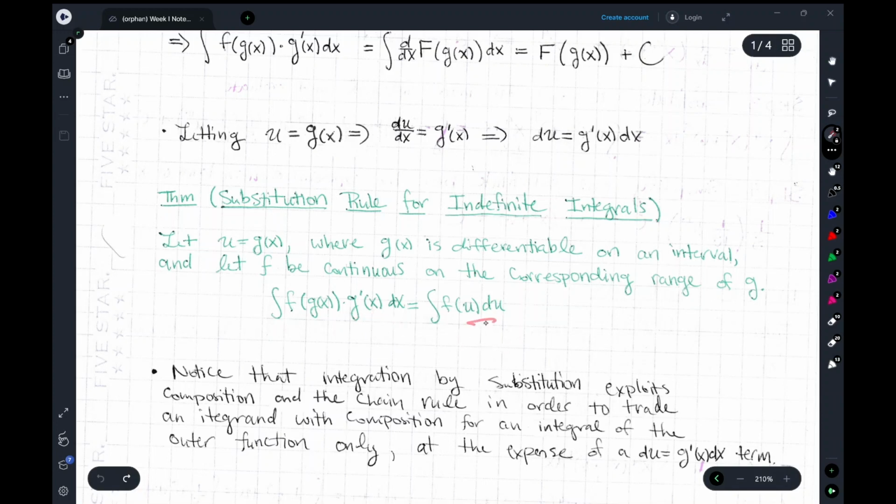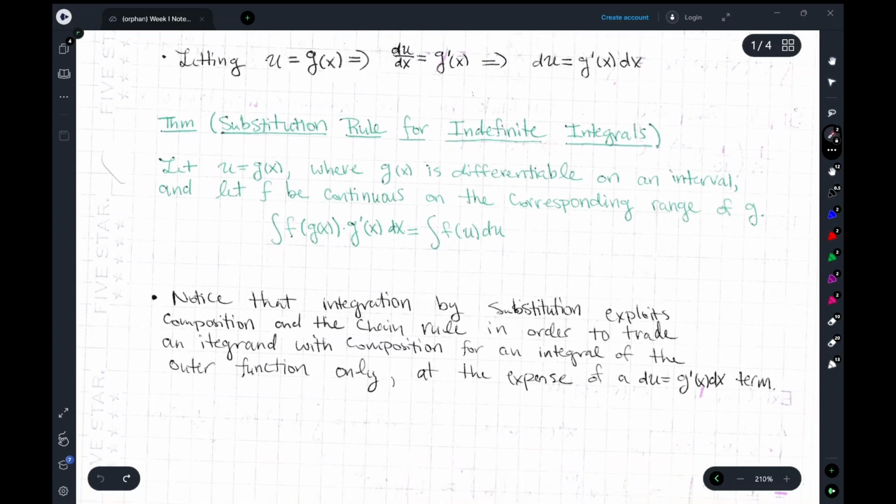Well, that's going to be equal to du then, because of that expression right there. And so now, instead of having this complicated part and a complicated inside expression, we could basically integrate with respect to u and we would just be looking for the antiderivative of f. And so this is how integration by substitution works.